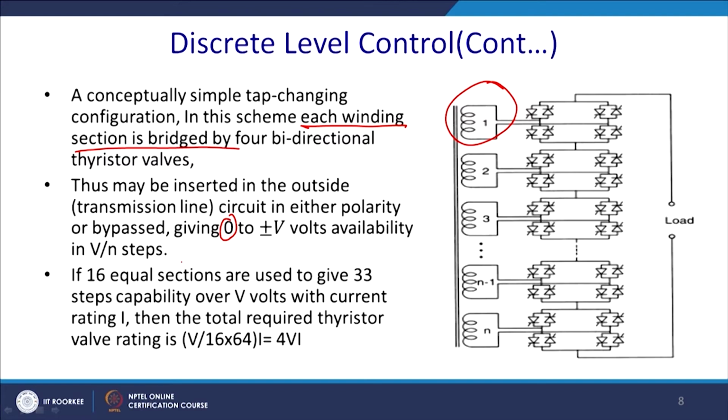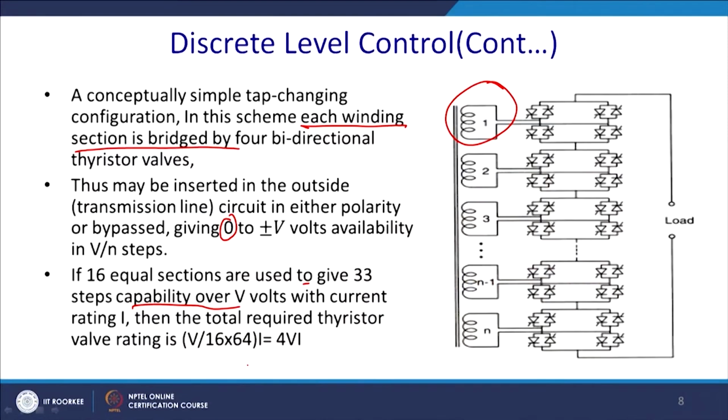If 16 equal sections are used, so that n is 16, to give 33 steps over V volts, then the voltage per section will be considerably low. With the current rating I, the total required thyristor rating will be V by 16 into 64.